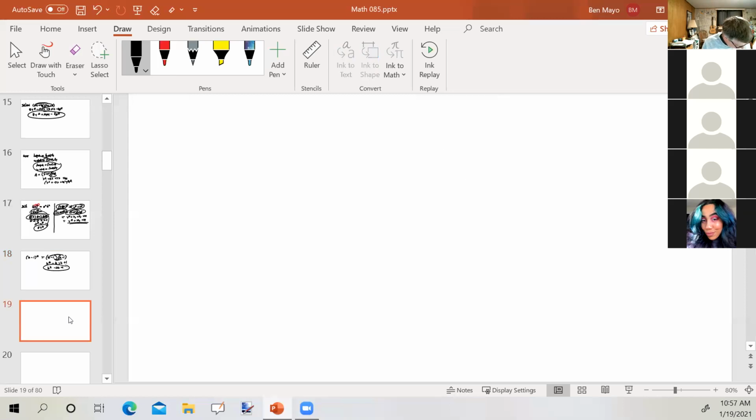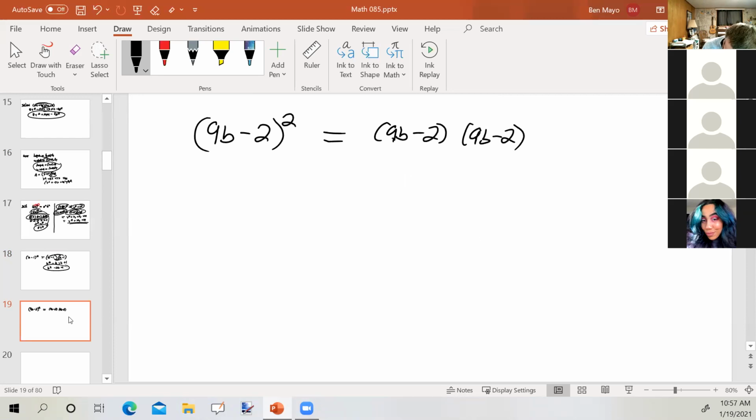Here is another example. We have 9b minus 2, the quantity squared, which is 9b minus 2 times 9b minus 2. Okay.